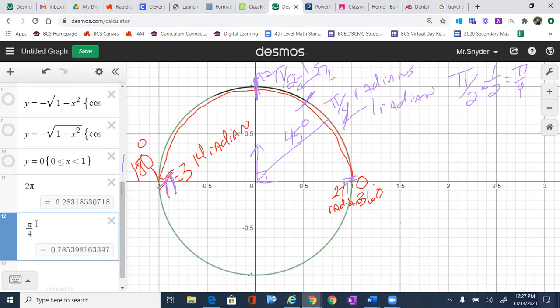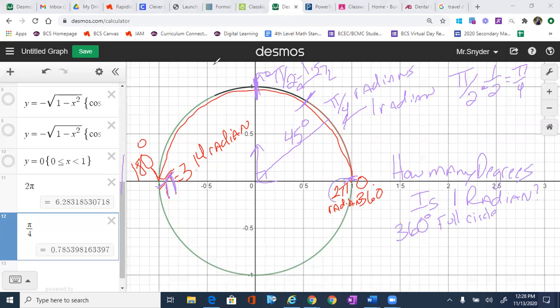Now, my last question is, how many degrees is 1 radian? We want to make that relationship because sometimes it just makes life easy when we think about it in terms of degrees. We know that there are 360 degrees in a full circle, and in that full circle, there are 2 pi, or 6.28 radians.